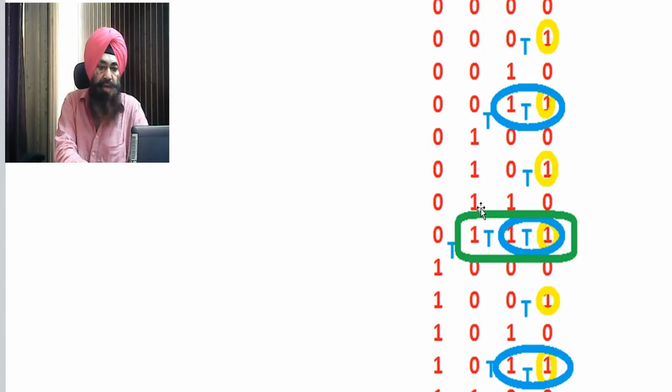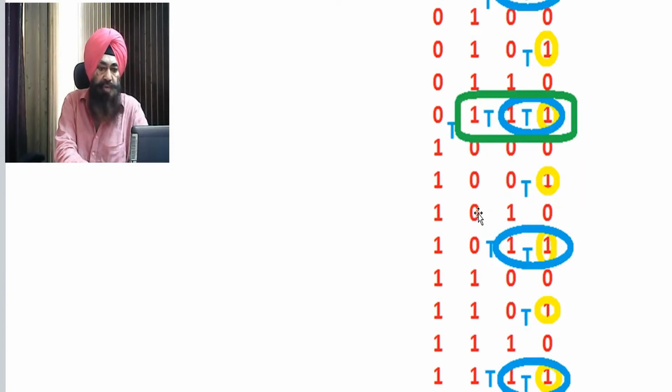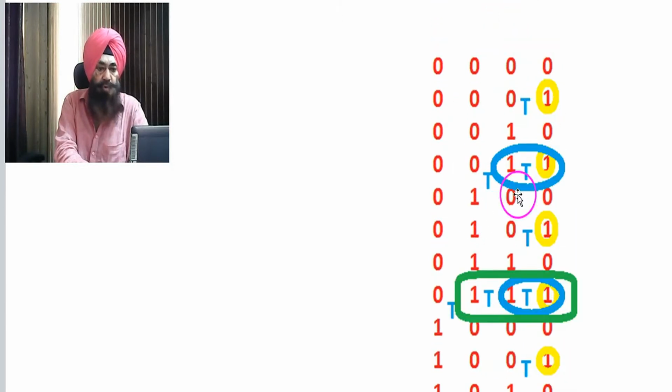Again, when 1 and 1 are here, then only the third one toggles 1 to 0. Again when 1 and 1 are here, then it toggles from 0 to 1. You understand this. When both these columns are 1, then it toggles.